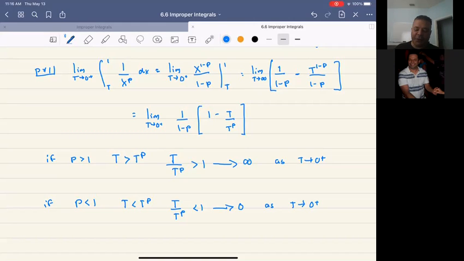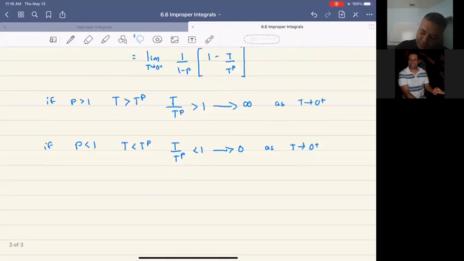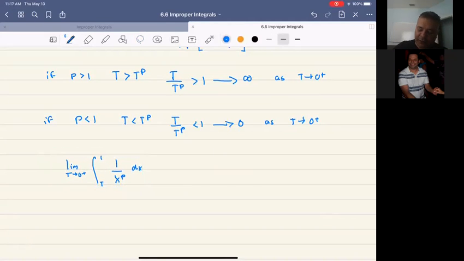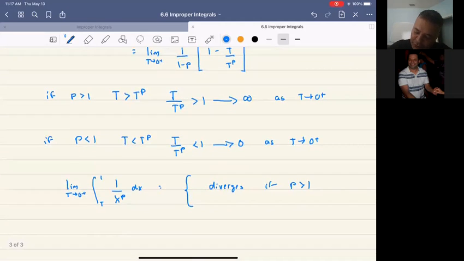Okay, so that means that this integral equals, well, it diverges if p is bigger than 1. And it converges to 1 over 1 minus p if p is less than 1.